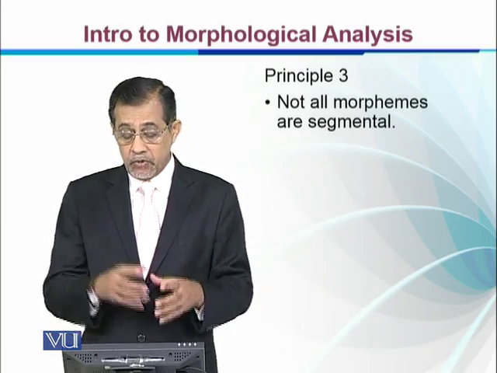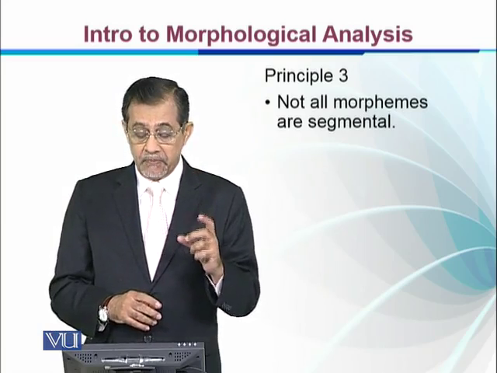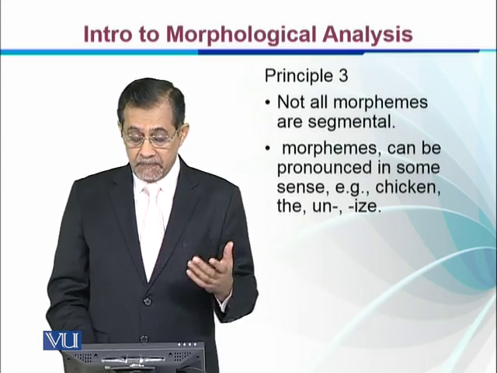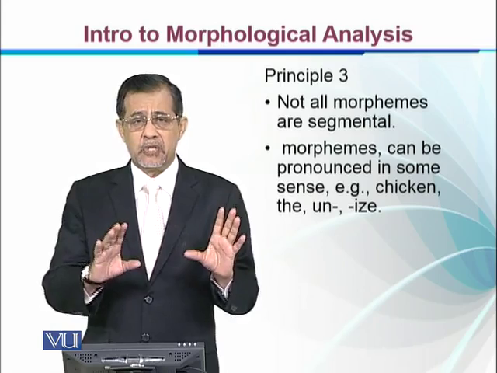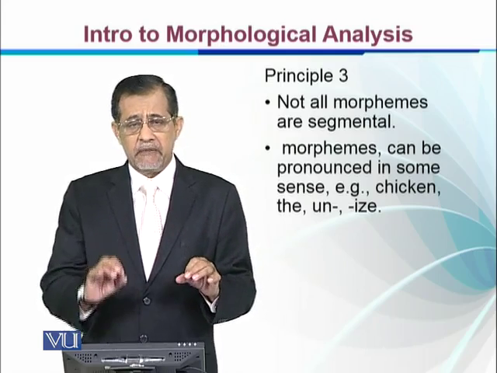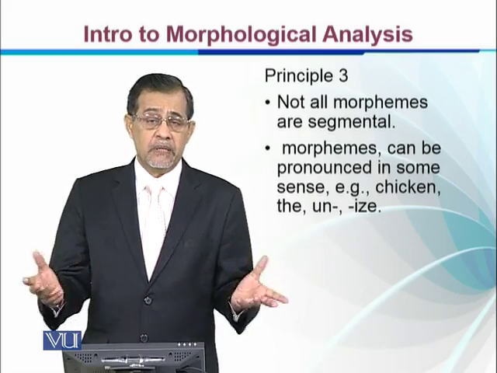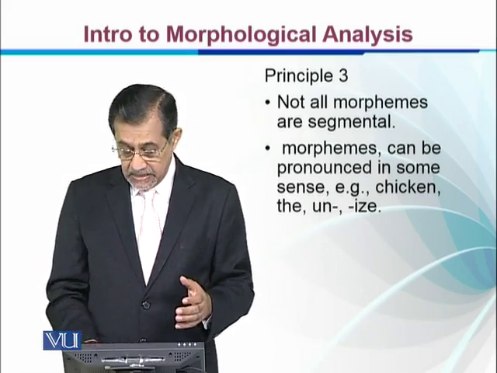So we are referring to that phenomenon of the language that not all morphemes are segmental. Morphemes can be pronounced in some sense, chicken, the, un, eyes, they remain the same, right? Wherever they go. You can make chickens, the remains the, un remains un, eyes remains eyes, right?